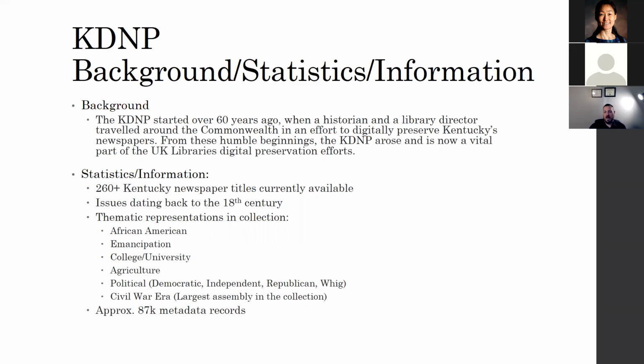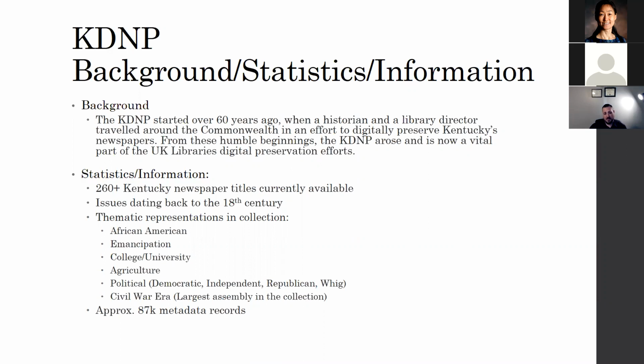There are over 260 newspaper titles currently available in the repository, with issues dating back to the 18th century, and lots of thematic representations in the collection: African-American newspapers, emancipation, college and university newspapers, agriculture, a lot of political newspapers, and the largest assembly being newspapers from the Civil War era. Altogether, we're currently looking at over 87,000 metadata records for the KDNP project.